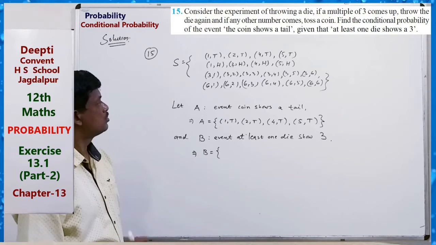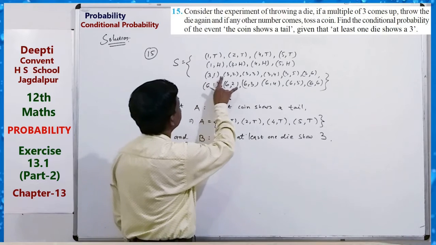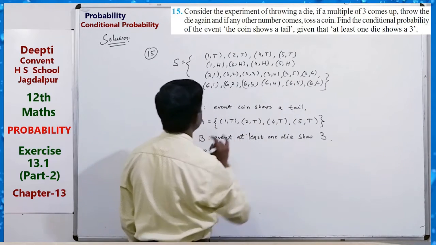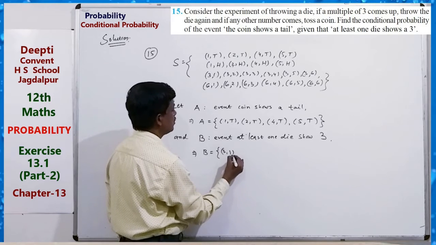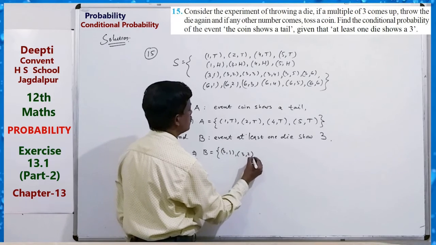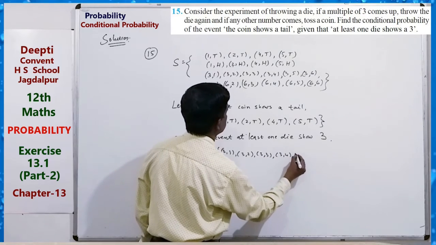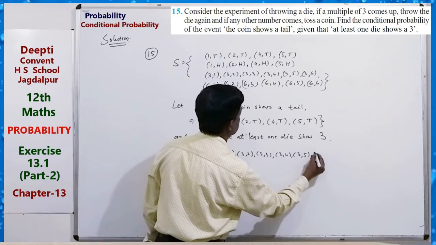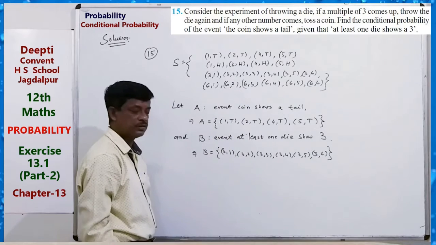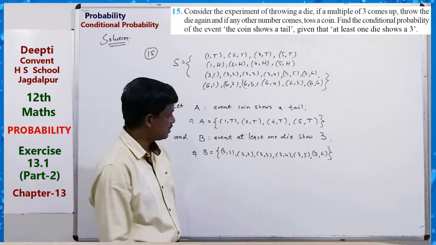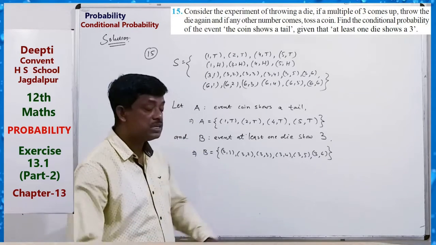At least one die shows 3. So there are elements: 3 1, 3 2, 3 3, 3 4, 3 5, 3 6. So how many elements are there? 6 elements.